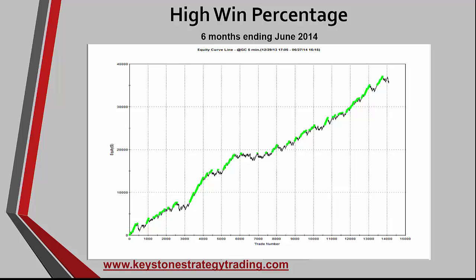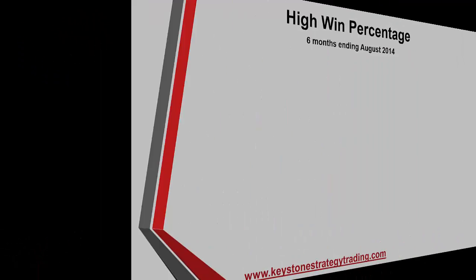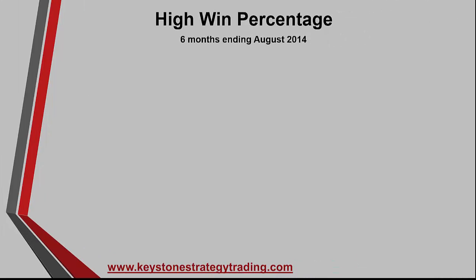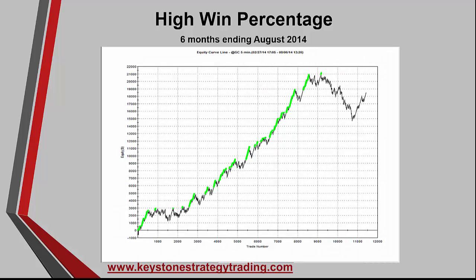So now let's give this strategy some unseen data. So we're going to fast forward this strategy for 2 months. So now we're going to show 6 months ending August 2014. And here's what the results were. So again, this strategy was designed specifically to prove a point.